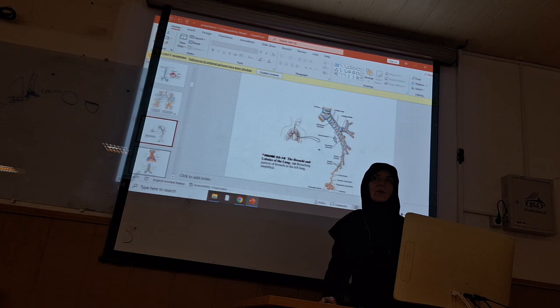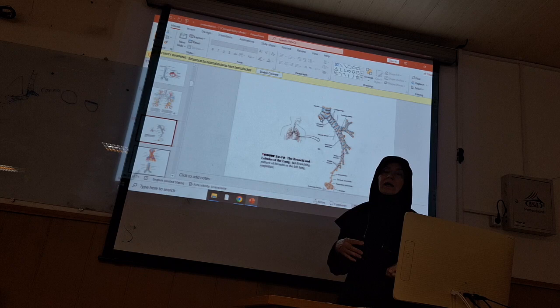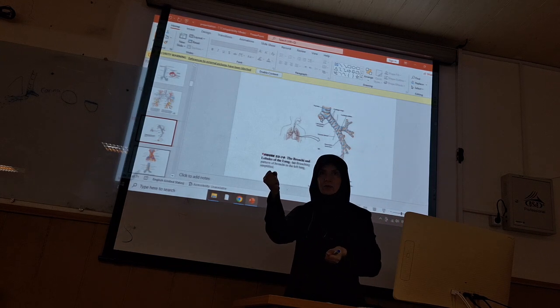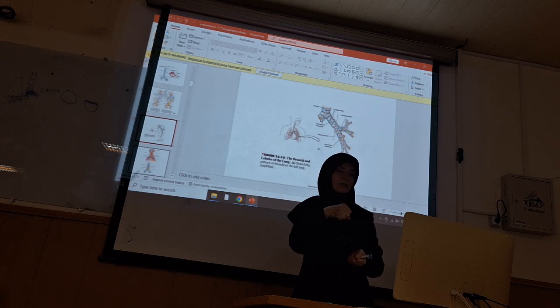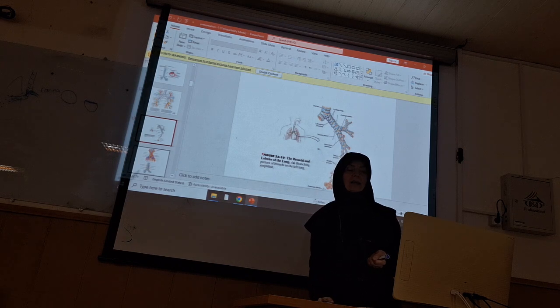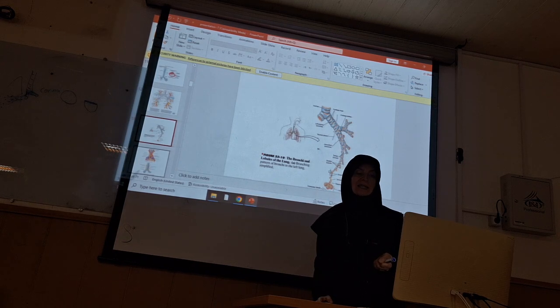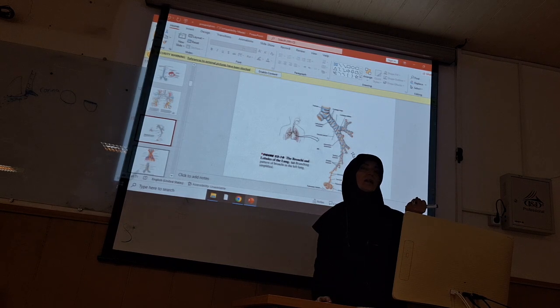No. You know the muscle is able to contract. So when the cartilage decreases in amount, the smooth muscle is going to increase. We know that the muscle is able to contract, but the cartilage is not able to contract.